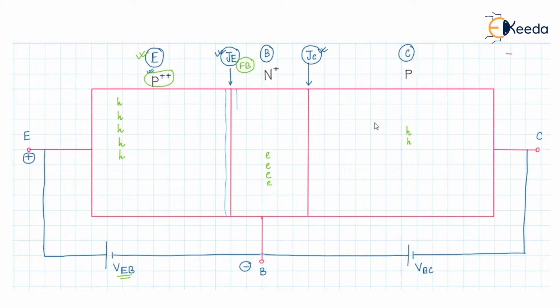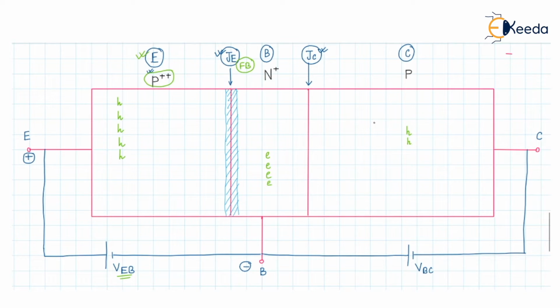This is the depletion layer at the JE junction, and it is very thin because the JE junction is forward biased, and we know that in forward bias the depletion width of the junction becomes thinner.